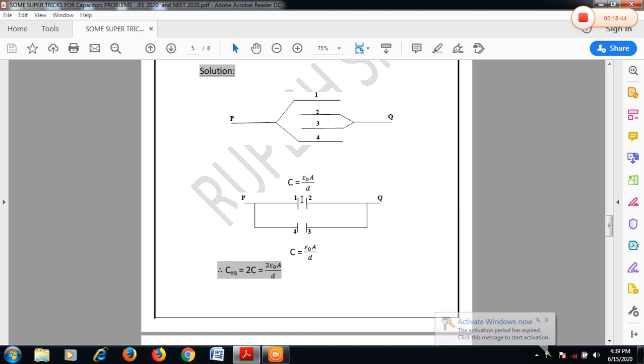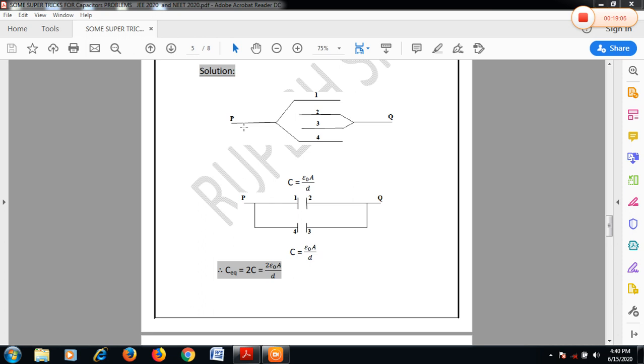Then we have this plate 2, which is connected to potential Q. Then we have plate 3, which is connected again to Q, and plate 4, which is connected to P.